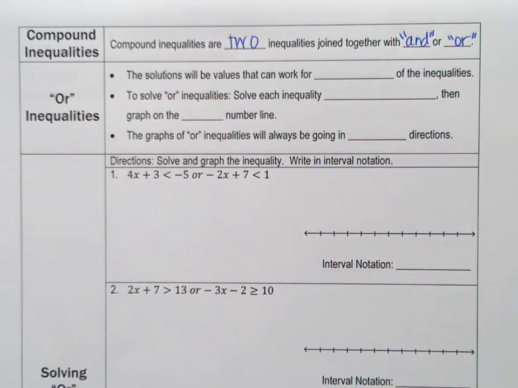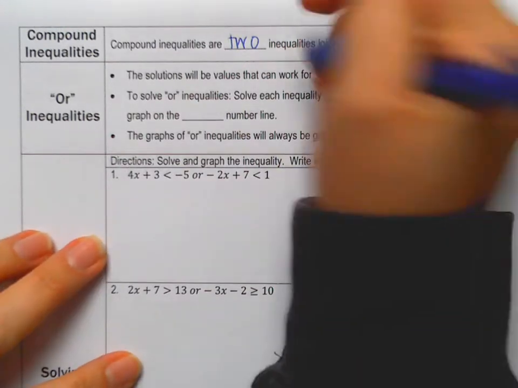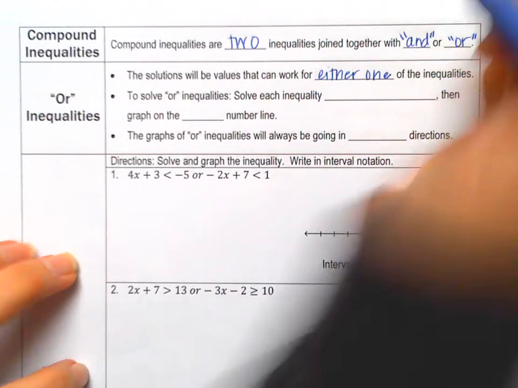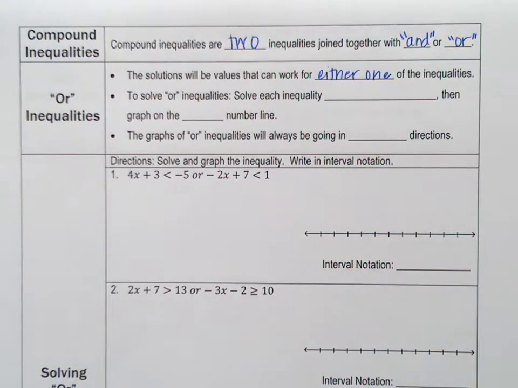With "or" inequalities, the solutions will be values that can work for either one of the inequalities. A real life example of a compound "or" inequality would be: you can enter the building if you are taller than 5'6", or if you are older than 20.